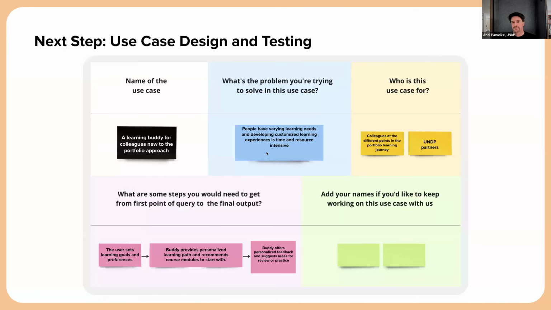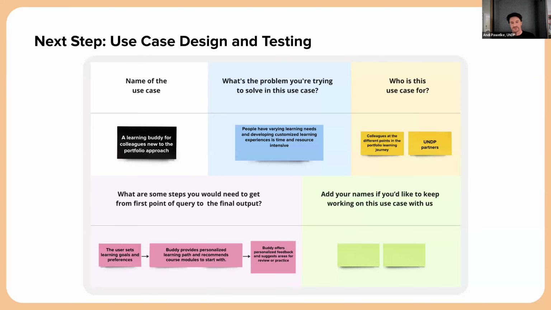All right, let me briefly talk about the next steps. We have what we refer to as a base bot. It can do a couple of things, but it's not great yet. It's not really integrated in our workflows yet. So what we're doing now is refining it to tackle specific use cases. You can see one here, maybe a learning buddy that helps you learn about the portfolio approach.